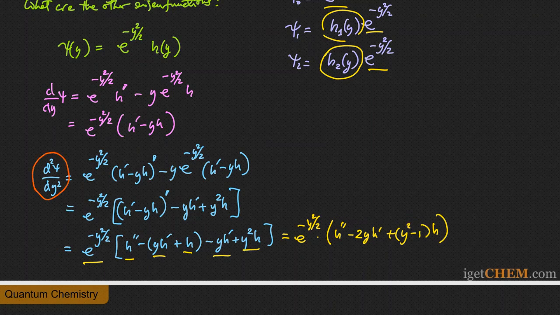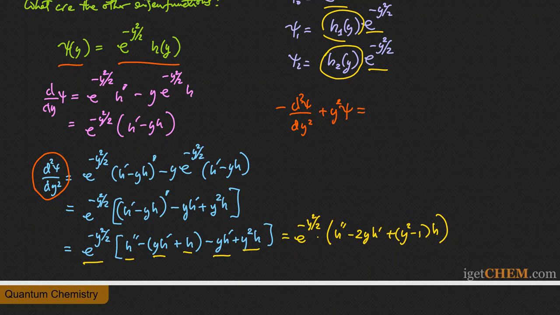Then the next term in the Schrodinger equation would be just y squared multiplied by psi. So together we have d squared psi dy squared, if psi is in this particular form, which will give me that, plus y squared psi.